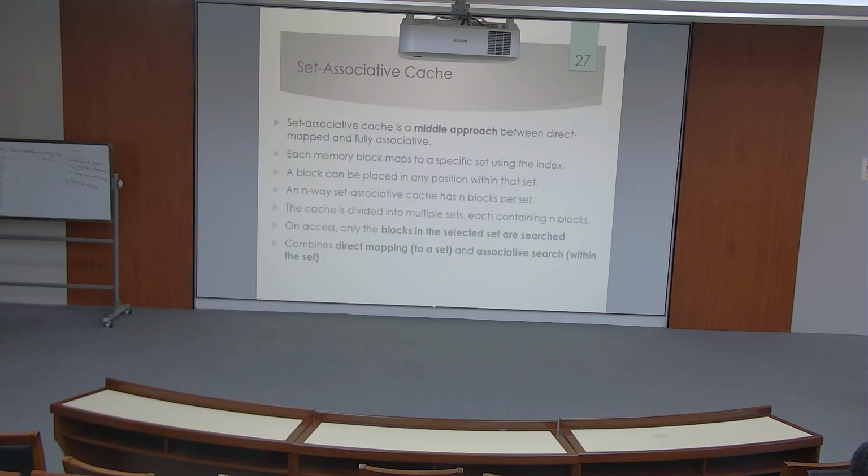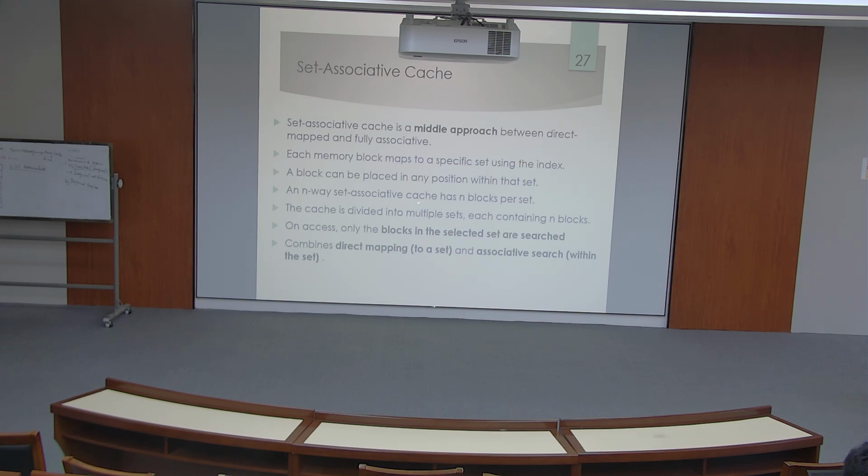The third one is set associative cache. Set associative is a middle approach between the direct map and the fully associative. That means a block from the main memory needs to map to a specific set using the index.